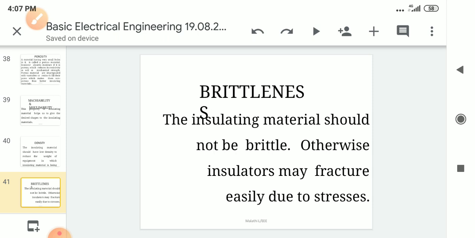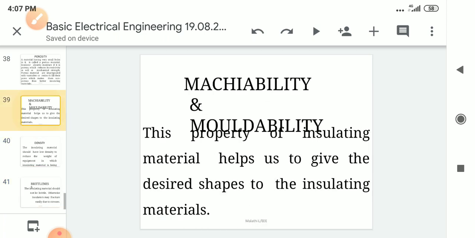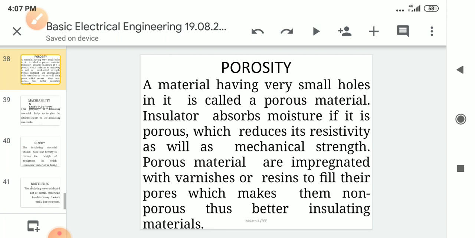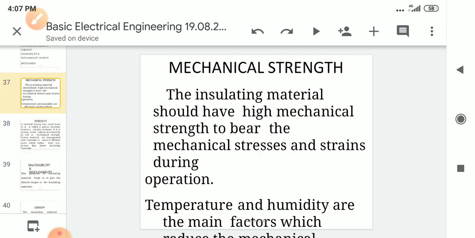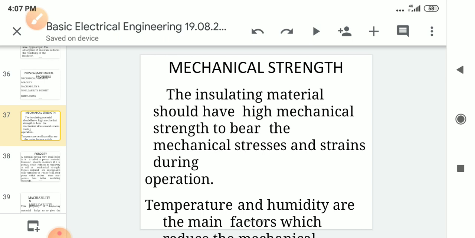In this, the important things are brittleness, density, machinability and moldability, porosity, mechanical strength. These are the mechanical properties. So up to now we have learned about the electrical properties, that is insulation resistance, dielectric strength, dielectric loss, power factor, like that.